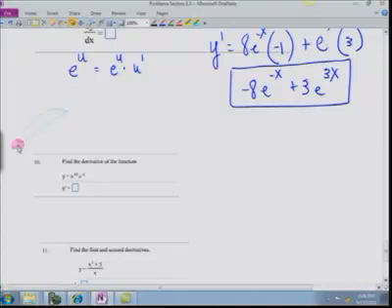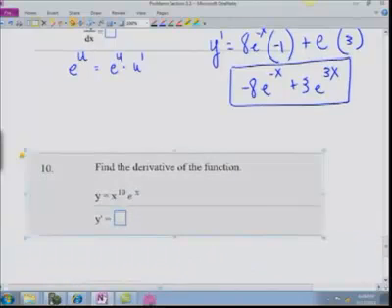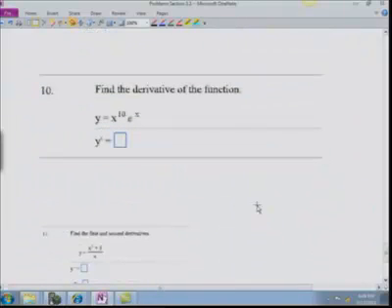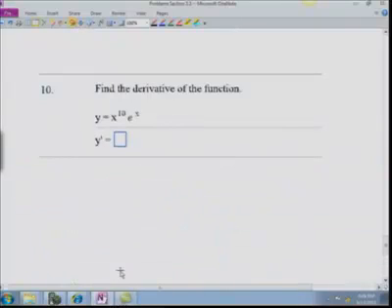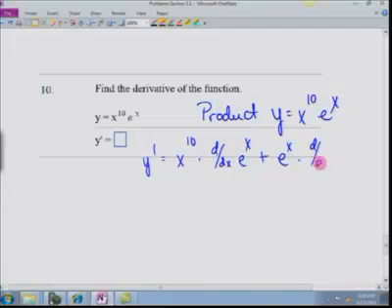Let's do this guy. This, we have to recognize, is a product. Okay? That's a product. Okay, so y prime would be x to the 10th times the derivative of e to the x plus e to the x times the derivative of x to the 10th.